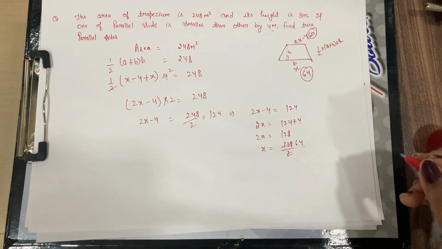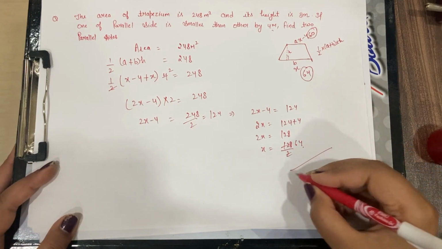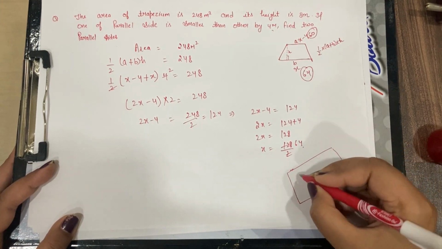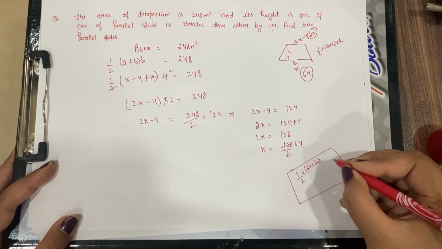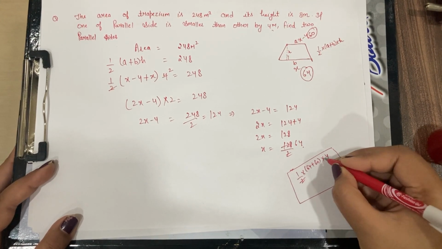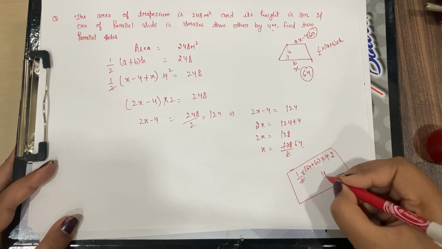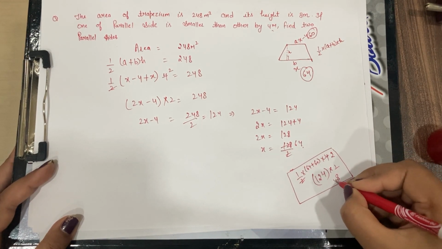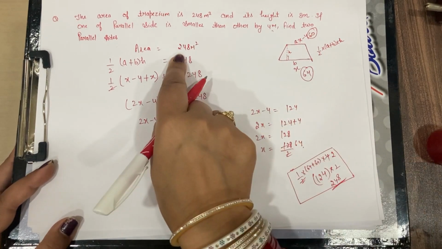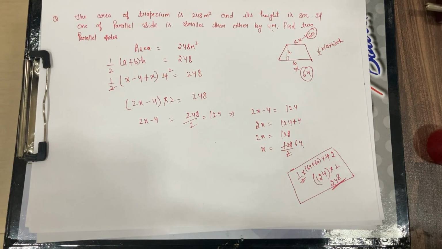You can verify whether your answer is right or wrong by putting it in the formula. Half into sum of parallel sides into height gives 248, and see, it was given 248. So yes, the parallel sides are 60 and 64.